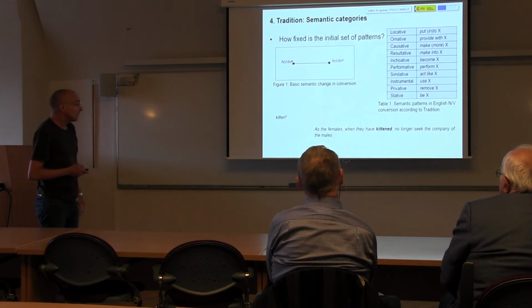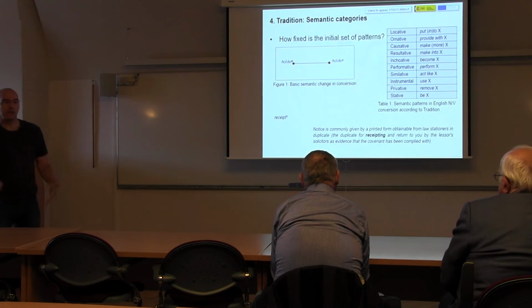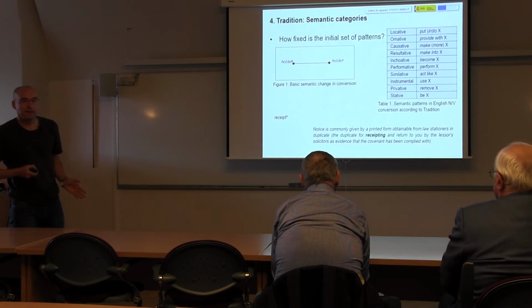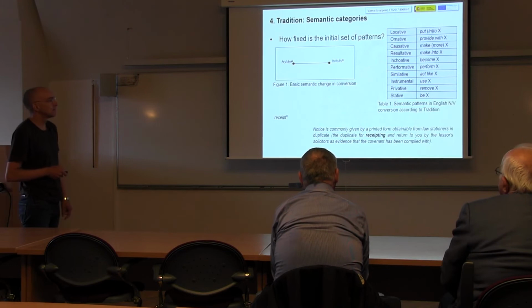So we have kitten. Sorry, we have Blair. We have kitten. We have receipt. Receipt, just to produce a receipt, to create a receipt. This could be performative. I think this could be performative. But I don't think it has the same profile as other cases of performative in the sample.